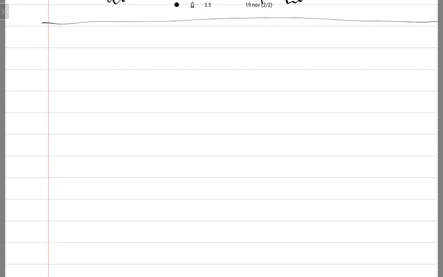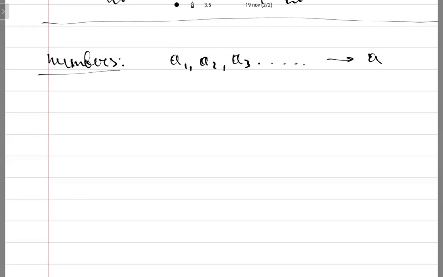When you speak about numbers, there is only one convergence. If you have any sequence A1, A2, A3, and so on, this sequence can converge to the number A or not converge to the number A. But when we speak about random variables, there are different modes of convergence.